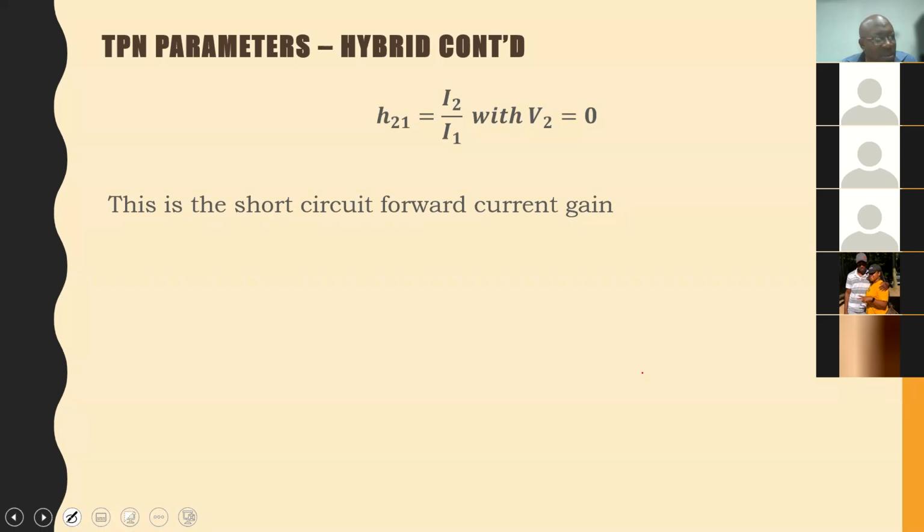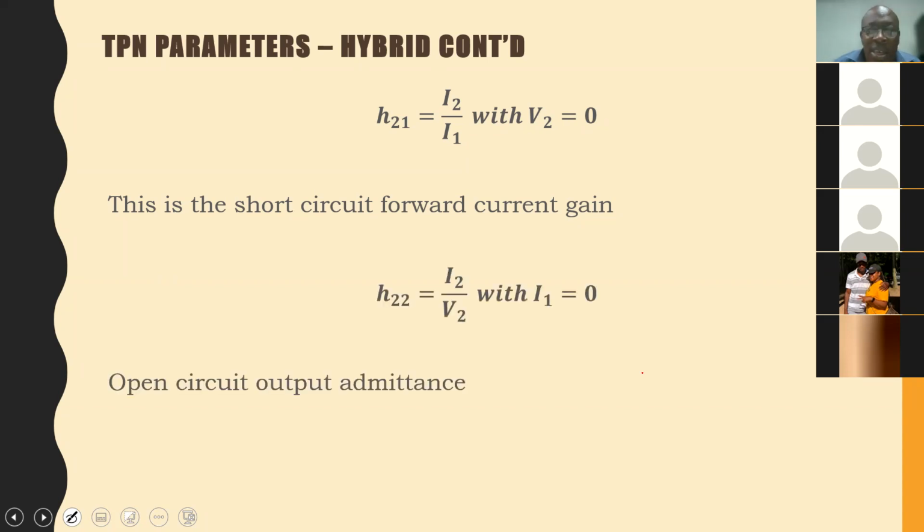I over V is the inverse of impedance, it's the admittance, right? And both are on the output end. So it would be an open circuit output admittance. Precisely. I like the reasoning.